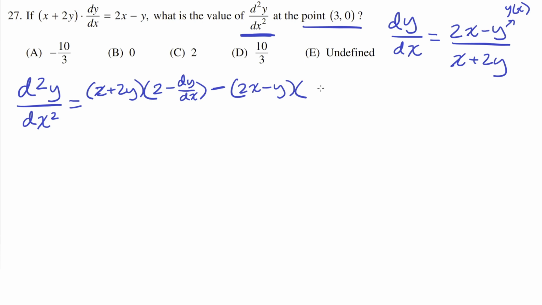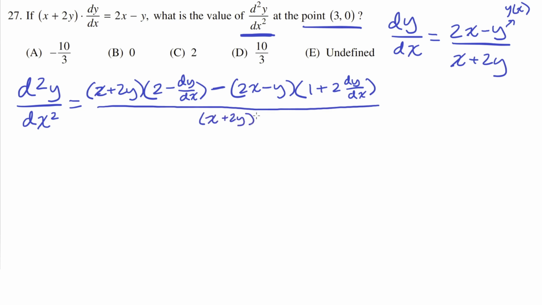So the derivative of x is 1, and the derivative of 2y is 2 dy/dx. dy/dx is literally just saying the derivative of y with respect to x. And then dividing that whole thing by the square of the denominator, so (x + 2y) squared.